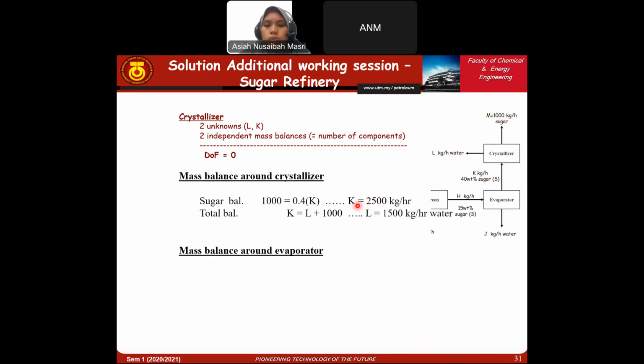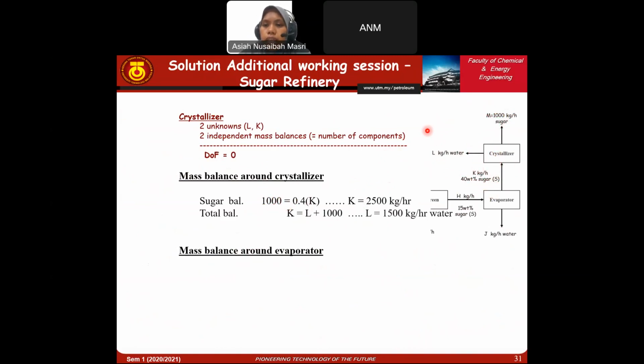Okay, so we start with the mass balance around this crystallizer. For the sugar balance, how much sugar is there? Here we have 1000 pure sugar, so 1000 times 1 equals 0.4 K. Why is there only 1 and 1?